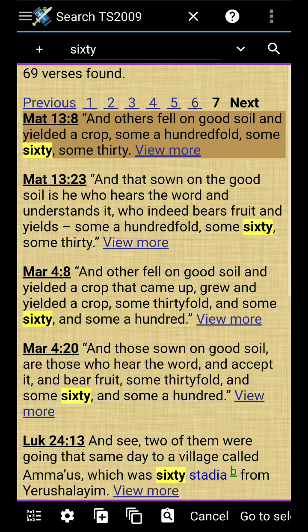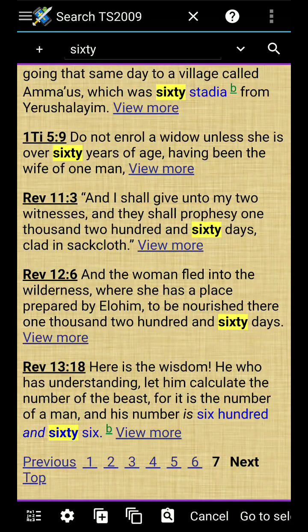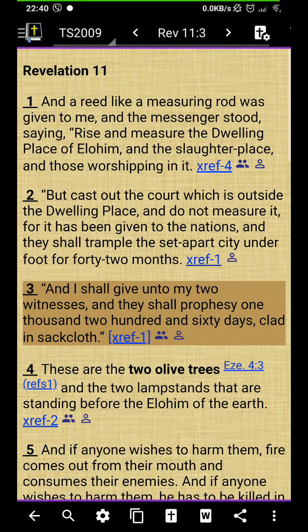Oh, there is a lot. There are a lot of places with the word 60. Okay, but I found the one that I needed. So in Revelation it says, "And I shall give unto my two witnesses, and they shall prophesy 1,260 days." Okay, so we see a precise number of days.